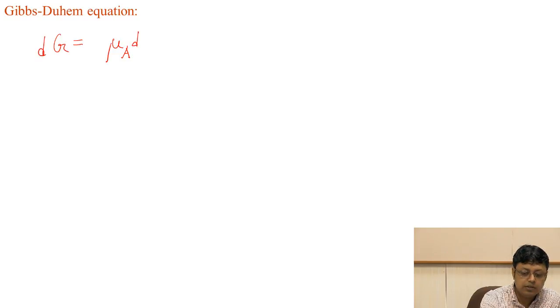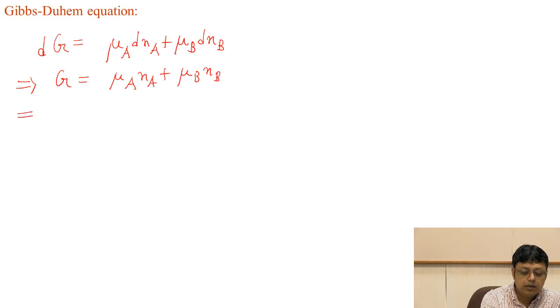Now, what we discussed so far is that for a two component system we can write it in an integrated form, which is a very compact form. We can start from the differential once again, mu A dNA plus mu B dNB, and then we integrated it to get mu A NA plus mu B NB.